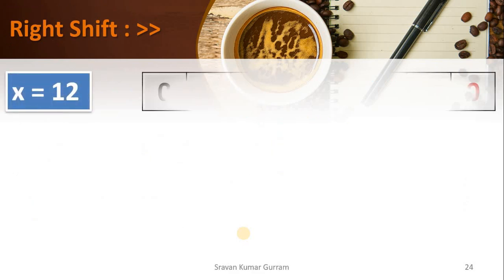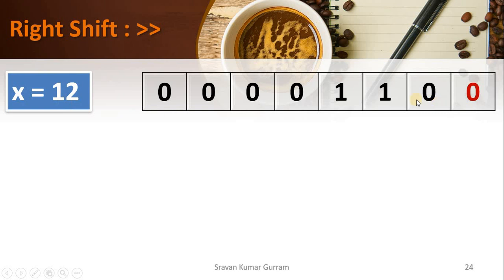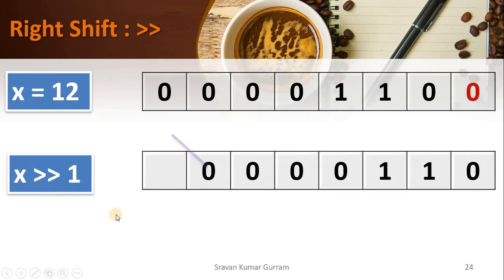See this example with the same value 12. This is the equivalent value in the binary number system. We are applying x right shift by 1. So observe here. To understand this right shift operation, start from the left hand side. The first bit is moved to the second cell, moving that value to the right by 1.